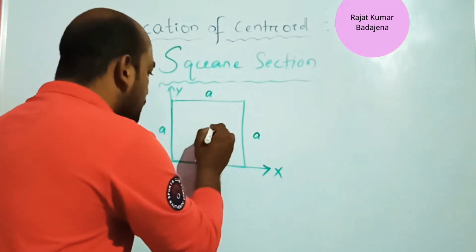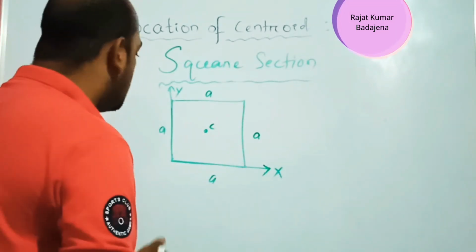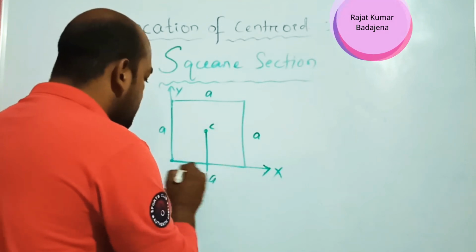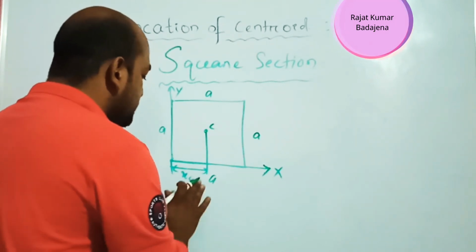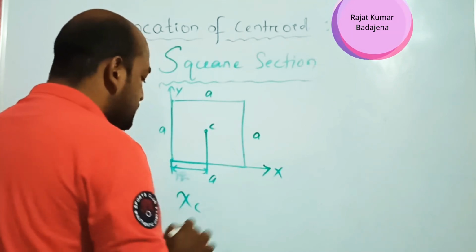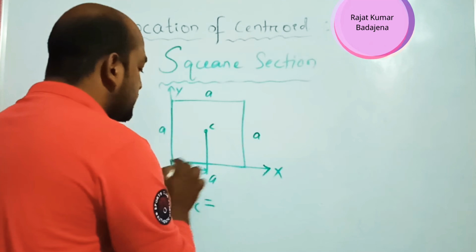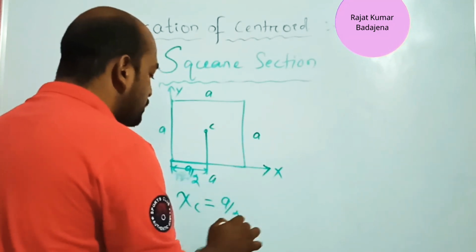So here this is the centroid point C. Always we are taking the centroid at the middle of the figure. Okay, so from this point to this point, the axis C. What is axis C? It means the centroid about the x-axis is what? This distance is a. That means this is a by 2. Similarly, the centroid about the y-axis is equal to what? From this point up to the centroid point, this distance is yc. That means this point to this point is a, that means this is a by 2. Okay. So here also a by 2.